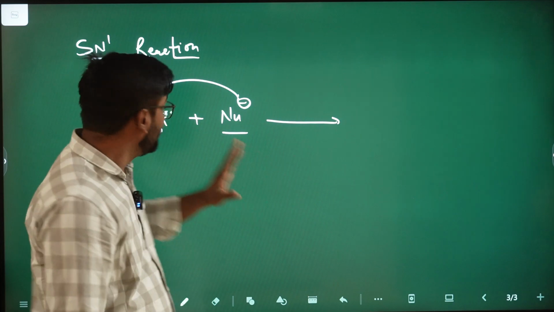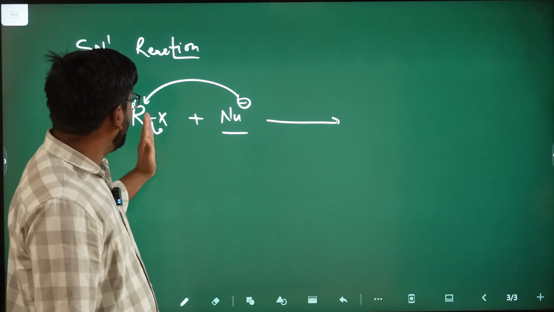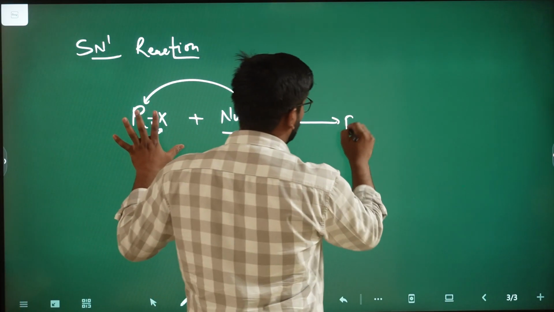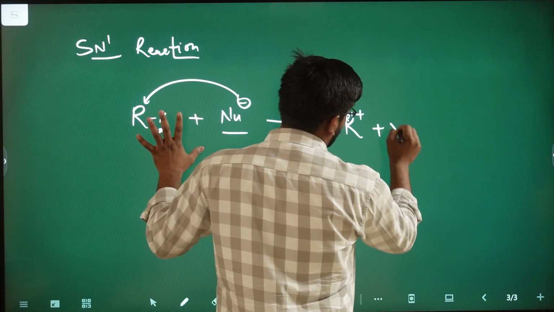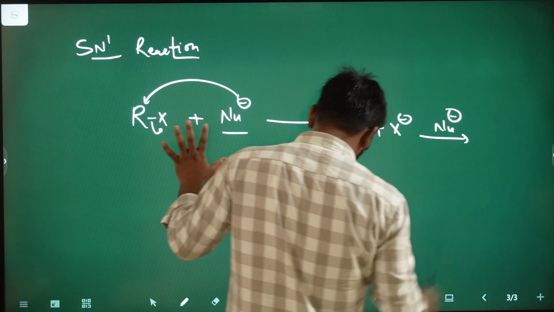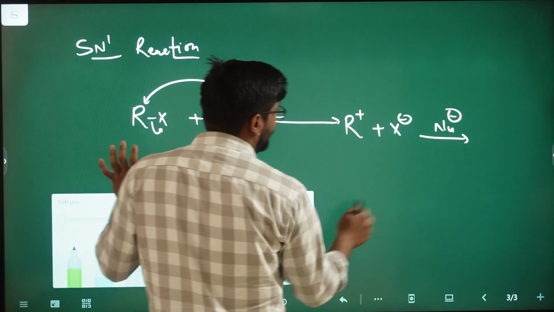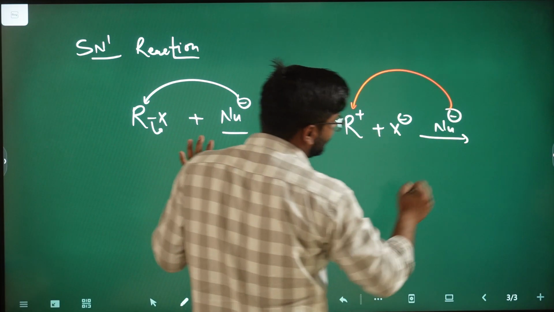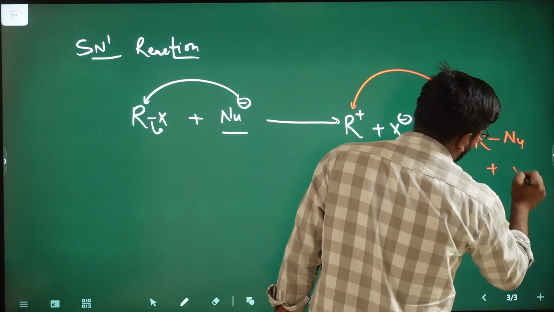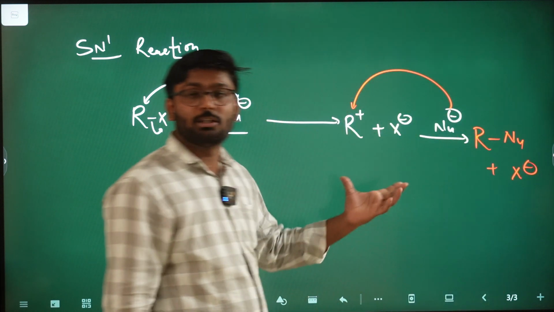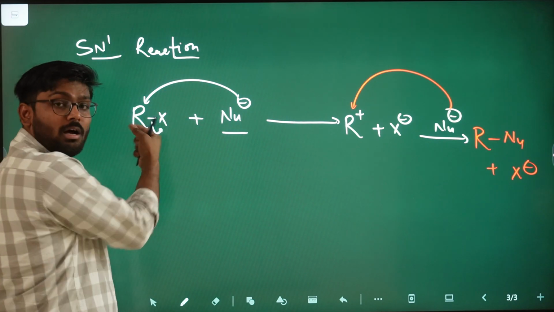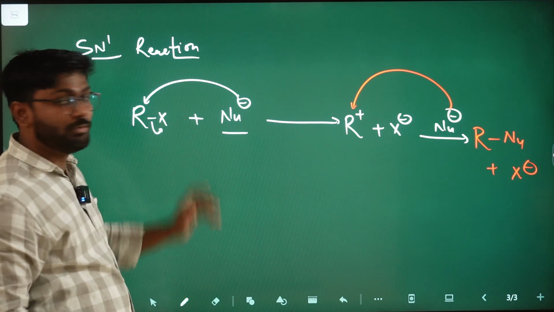One possibility is first X will leave and carbocation will form, and the next step is attack of nucleophile. This will attack the carbocation and then product will form. The second possibility is that the nucleophile will attack the alkyl and then X will be removed.